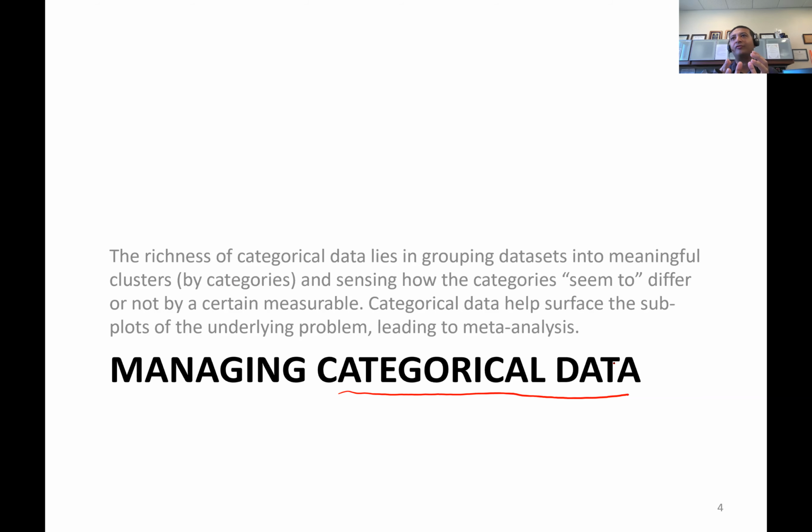And so based off of that, you can visualize the data set in one of two forms. Either you can find a distinct count of each of these buckets. So how many males are in the data set? How many females are in the data set? How many freshmen? How many sophomores? How many juniors?